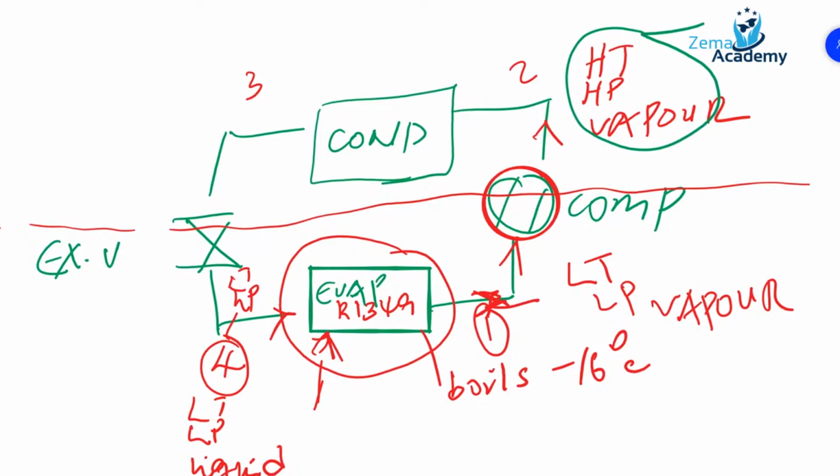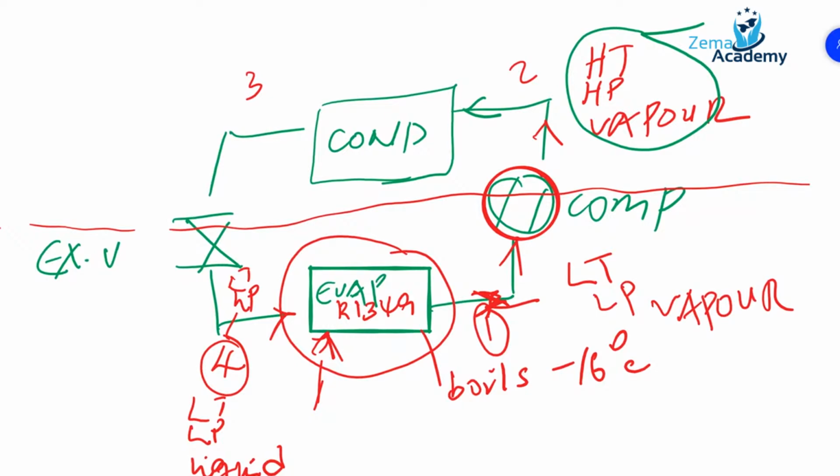Imagine here you have high temperature and high pressure vapor that you can use for different applications, whether for space heating or for hot water, depending on the application. But the only way to extract that heat is to pass it through a condenser.